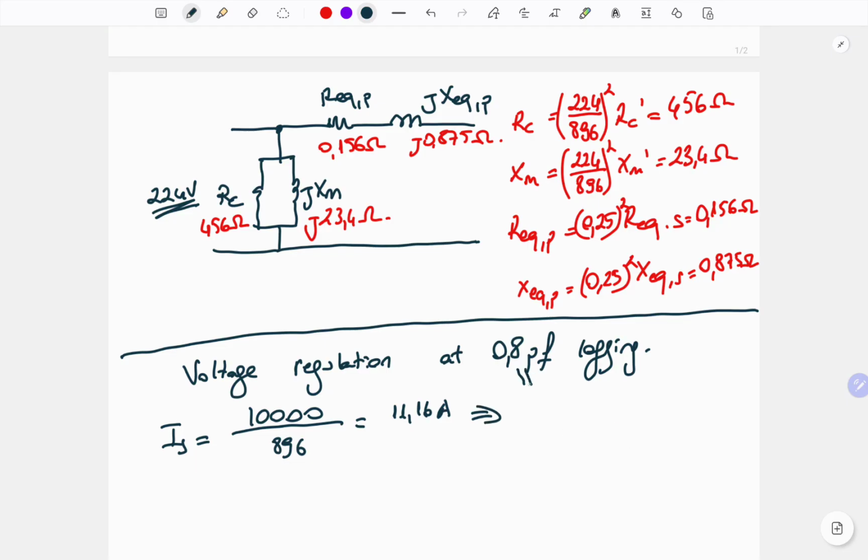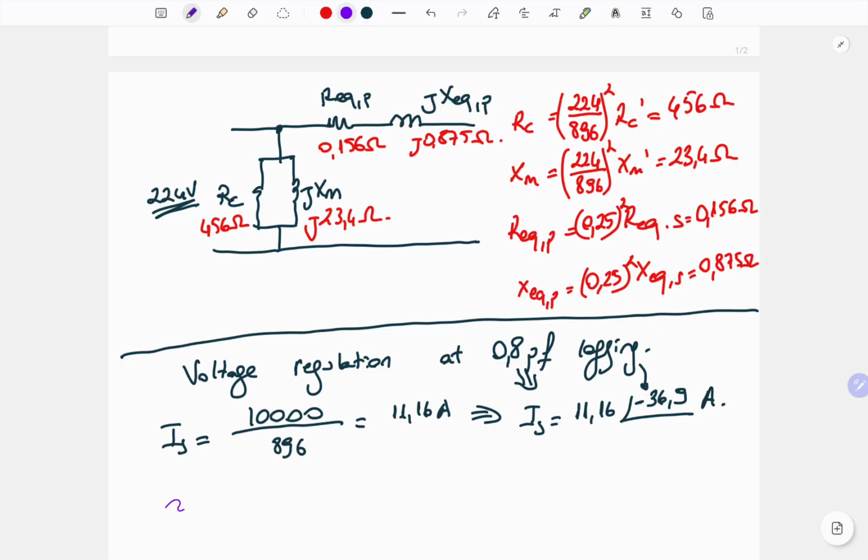And we must add the power factor characteristics, the angle, to the magnitude. So the secondary side current will be 11.16, and for the angle, cosine inverse of 0.8 will give us 36.9. Because of the lagging, we must use minus in our current expression.